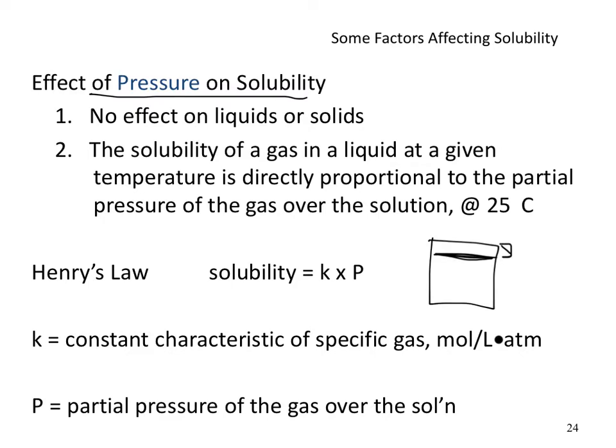You can perhaps envision that when you have the soda can, here is where the solution is, here is where the additional CO2 is, and here is the CO2 that is dissolved in that solution.